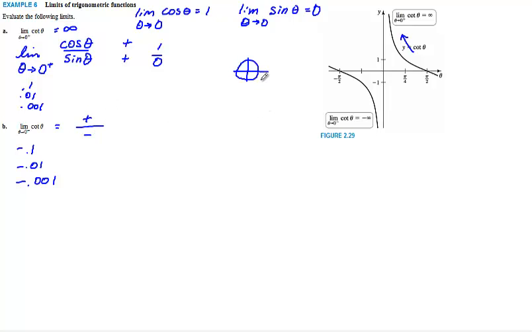If you think about your unit circle, the cosine right in here is a positive 1, and it doesn't matter which way you go, you're still on your cosine, or the x's. Sine are the y's, so the y values on the right side are positive and on the left side would be negative. So the limit as theta goes to 0 from the left of cotangent theta would be equal to negative infinity, and that is confirmed with my graph.